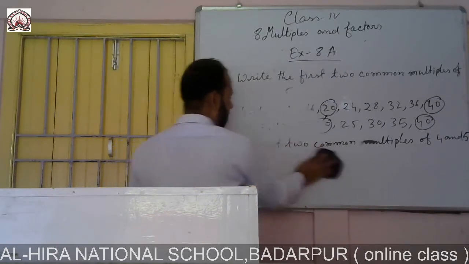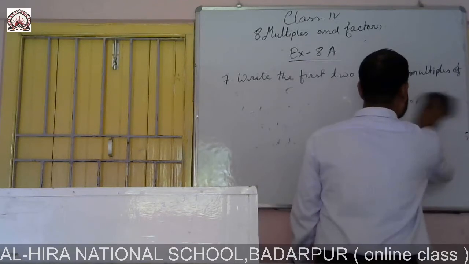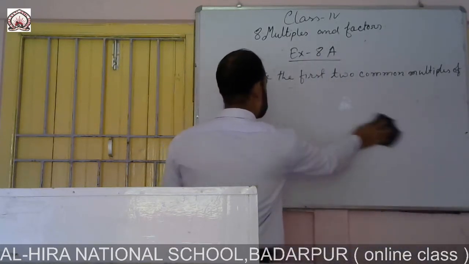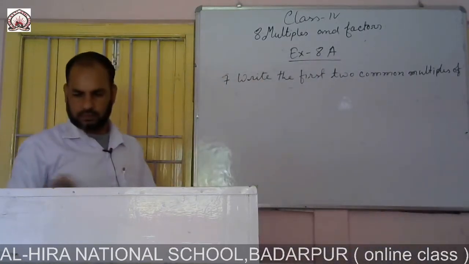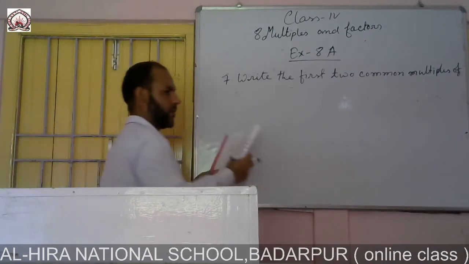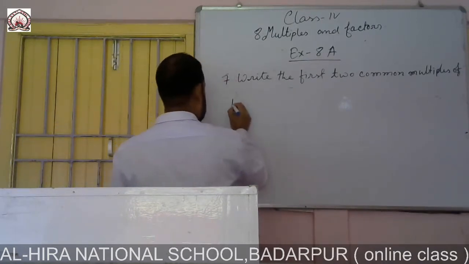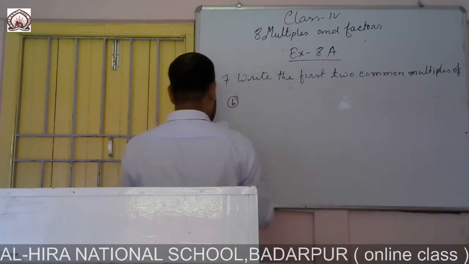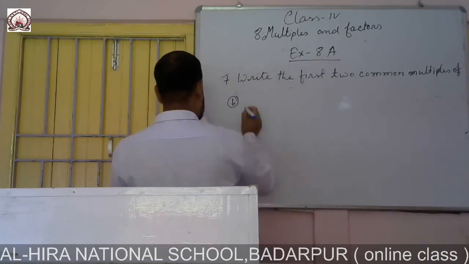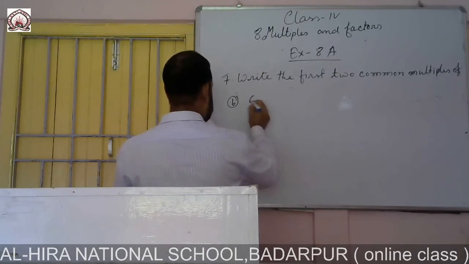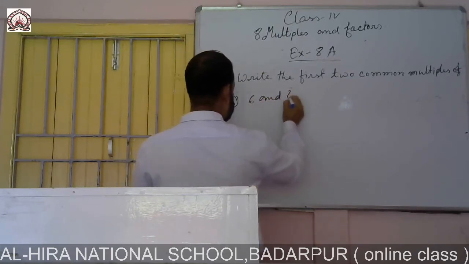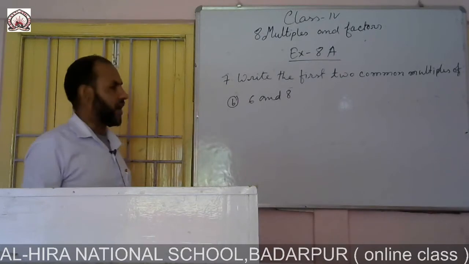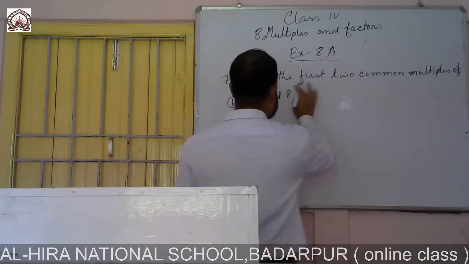Question number B. 6 and 8. We take out the first two common multiples of 6 and 8.